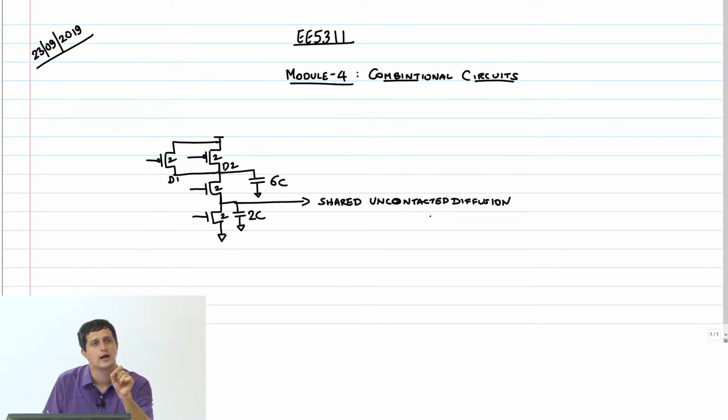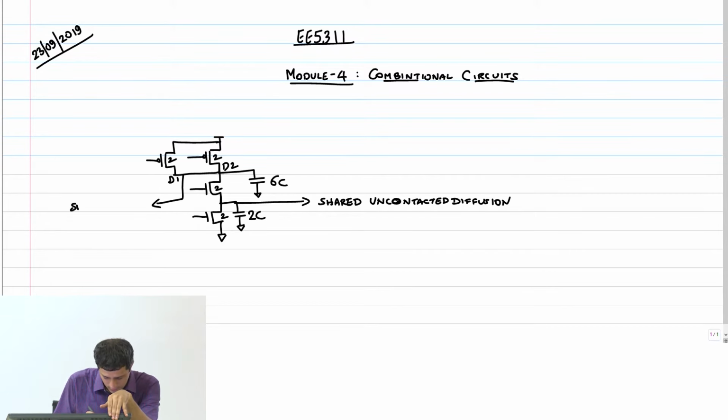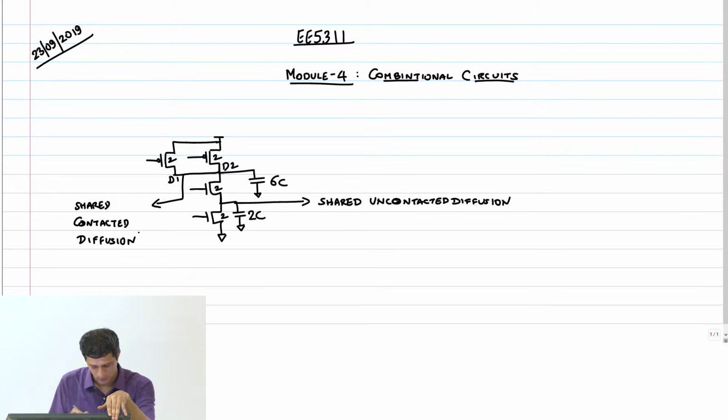There are two diffusions and you have to have sufficient space to connect these two diffusions together with a metal, and therefore this will basically be a shared contacted diffusion, right, and therefore each of the nodes will contribute a capacitance of W times C.